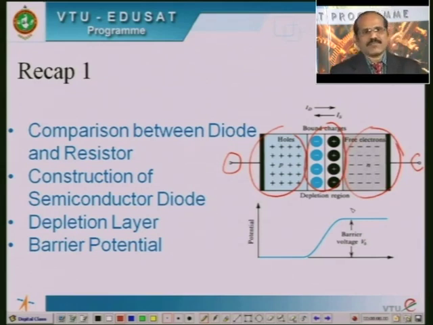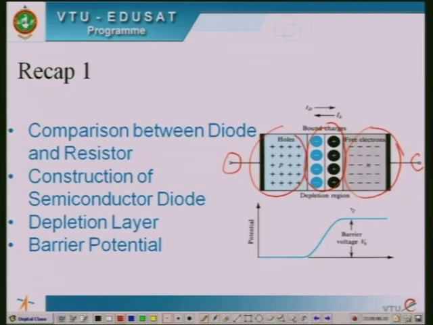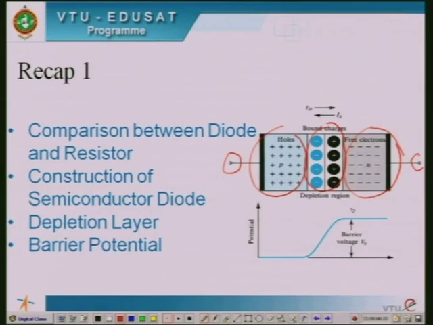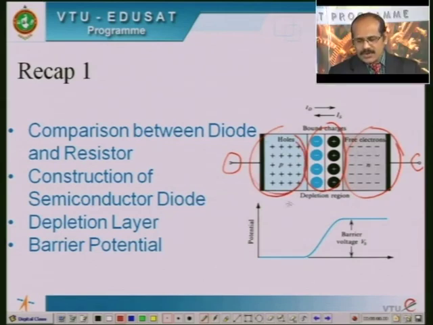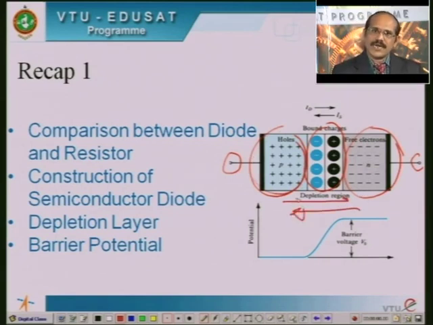Also we discussed how the depletion layer is formed when there is no battery connection. Under no bias conditions, the holes will move from the P type to the N type, whereas the electrons will move from the N type to the P type.